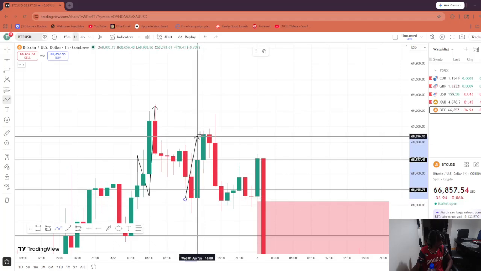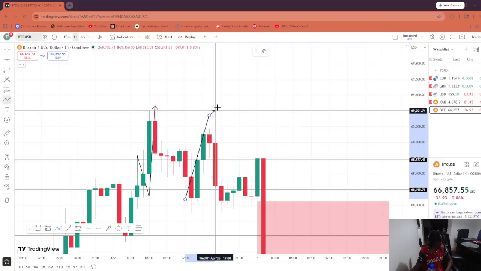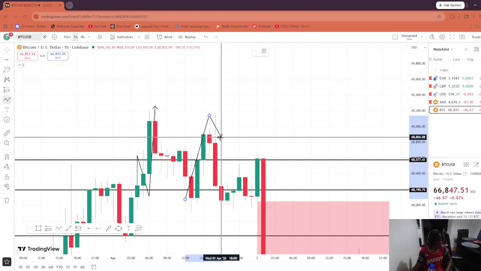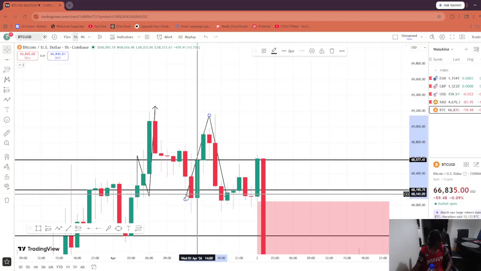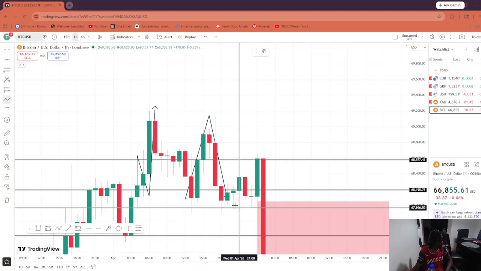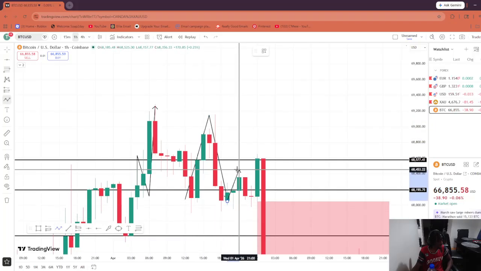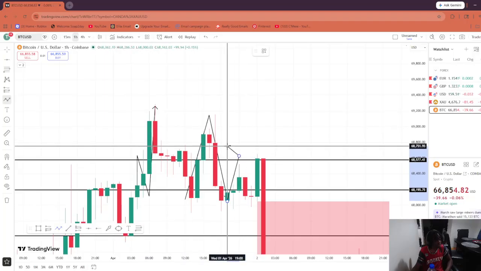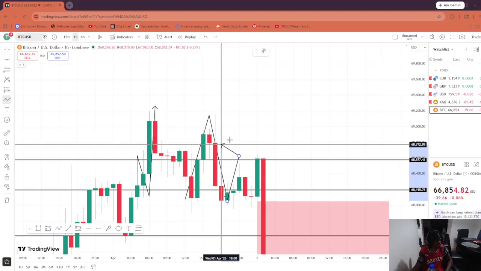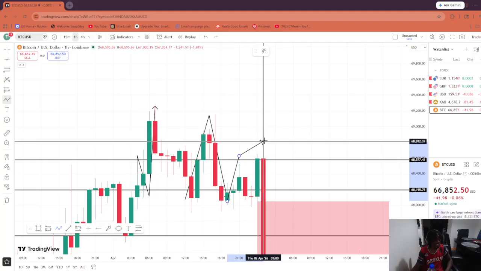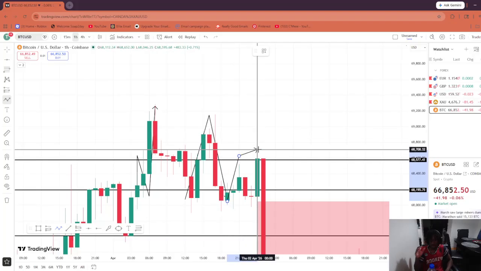We came from here, right? Created a higher high. Came down. Created a higher low. But now we came up again, but we didn't break this level. So that doesn't indicate to us that we are going up anymore.